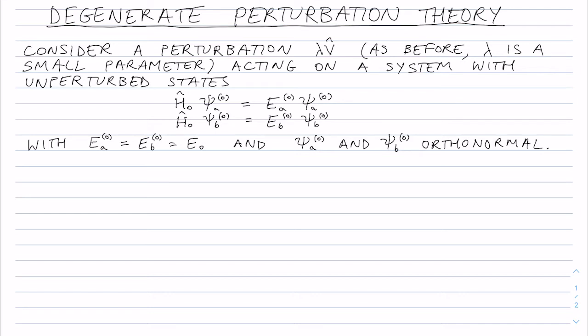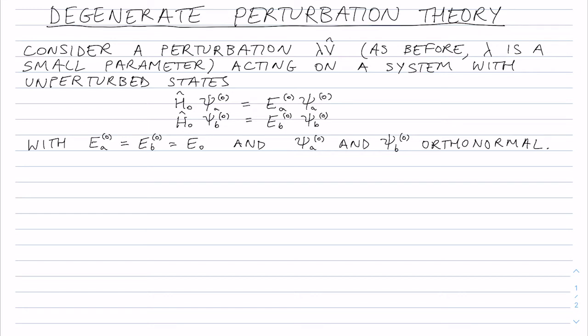They're both eigenstates of the unperturbed Hamiltonian H naught with eigenvalues equal to each other, equal to some E naught. And they are orthonormal by construction. So even though they're degenerate, they are orthogonal to each other and they're both normalized. So psi A naught and psi B naught are orthonormal.